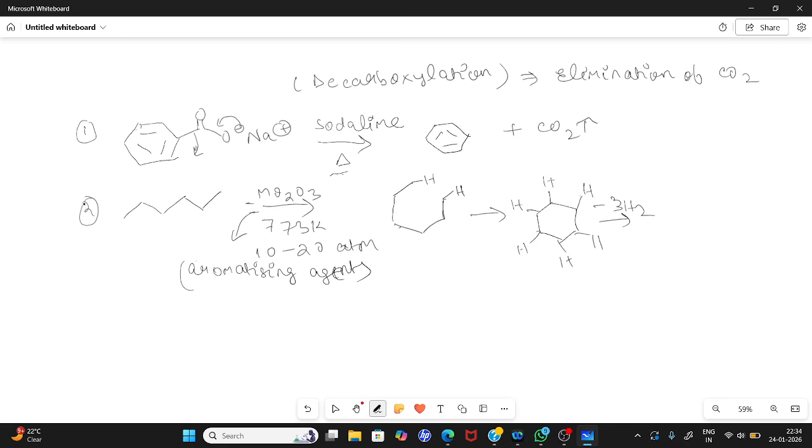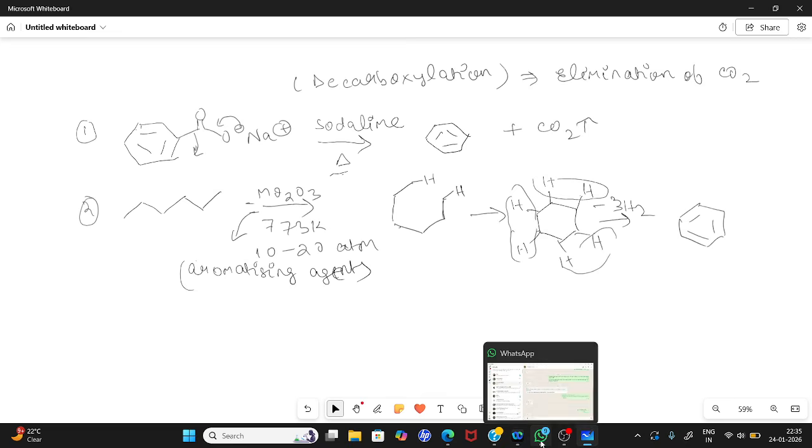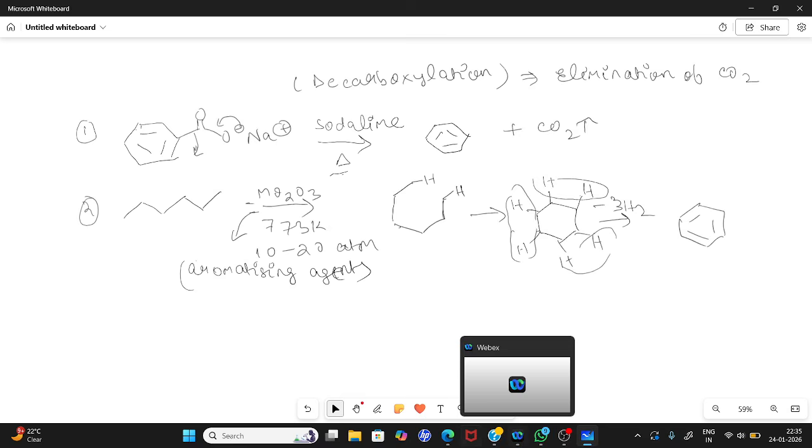Hydrogen removes in pairs as H2 unit. This is an H2 unit, this is another H2 unit, and this is another H2 unit. Hydrogen removes in pairs. Ultimately, it aromatizes to form a benzene ring. So these reagents are basically for aromatization or cyclization reactions.